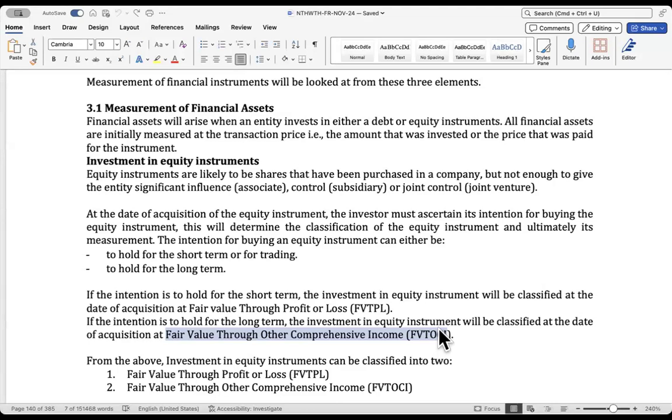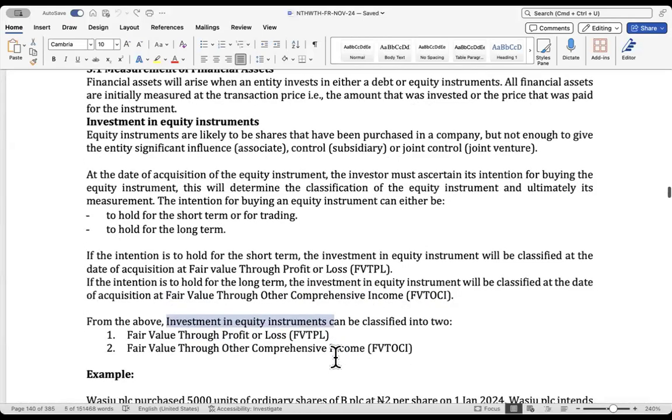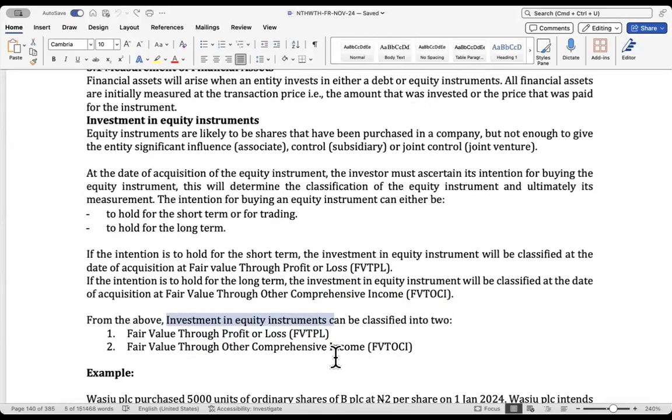And that is why this is particularly necessary for equity investments, or for financial assets generally. So summarily, investments in equity can be classified into two. They can ask you this in the exam. It's either at fair value through P/L or fair value through OCI.